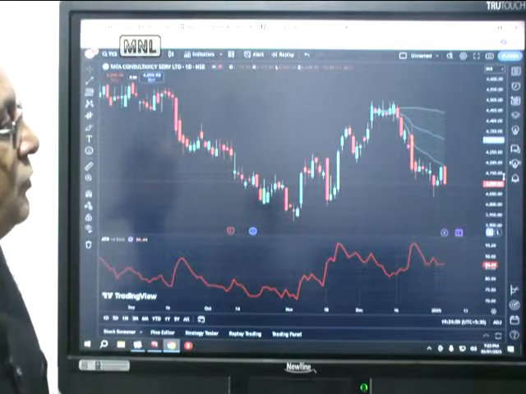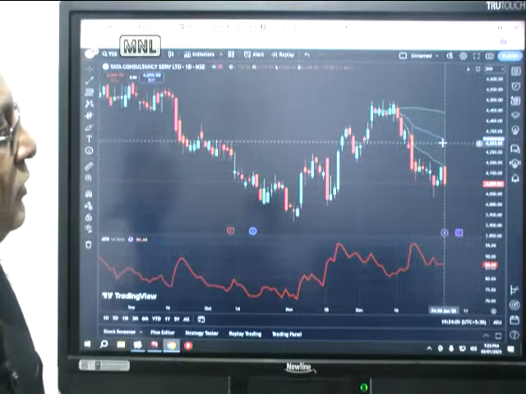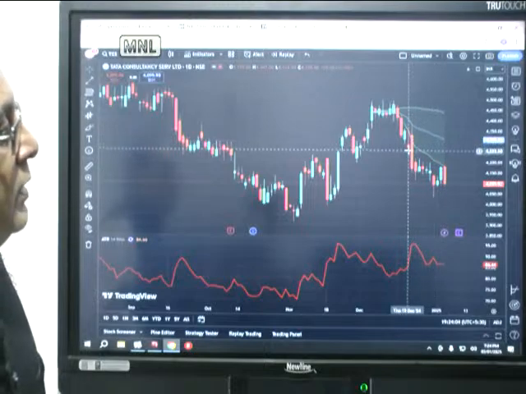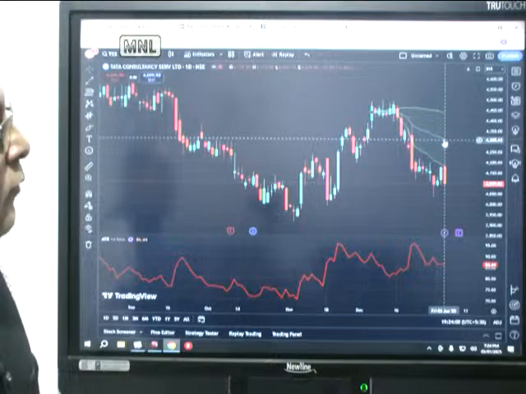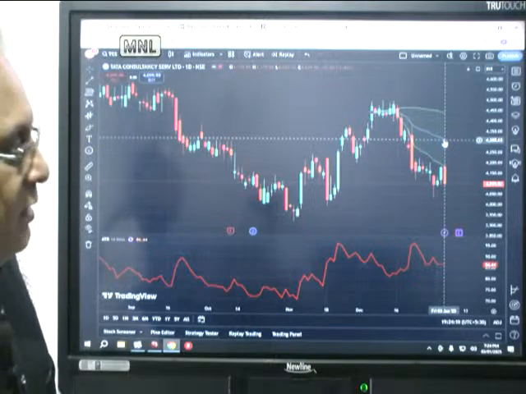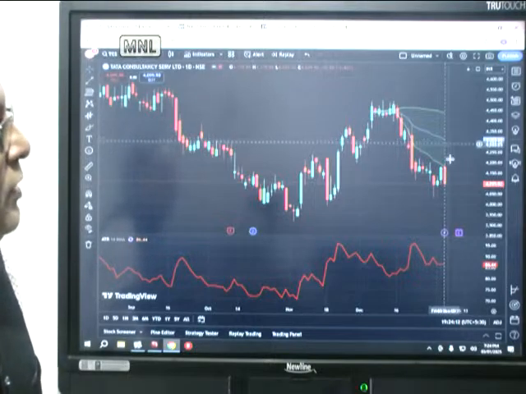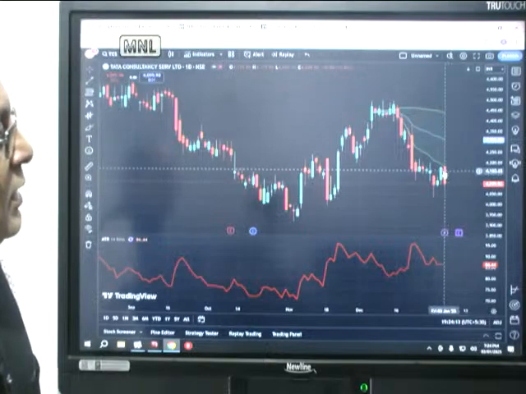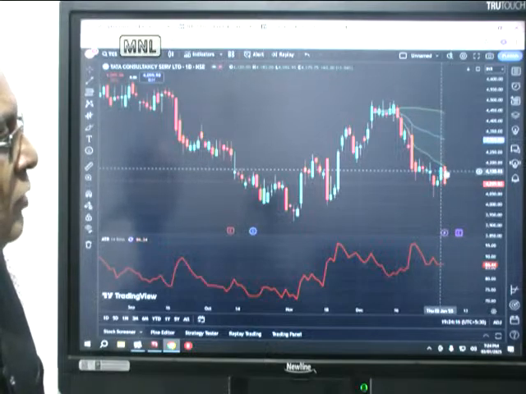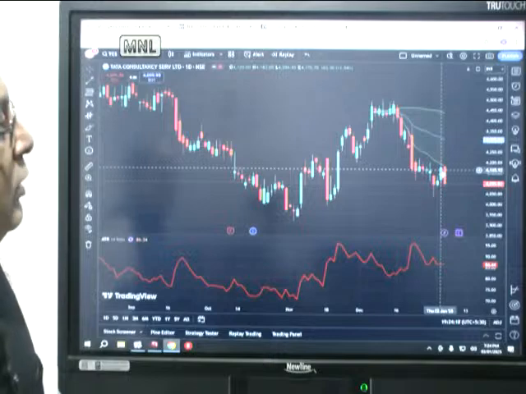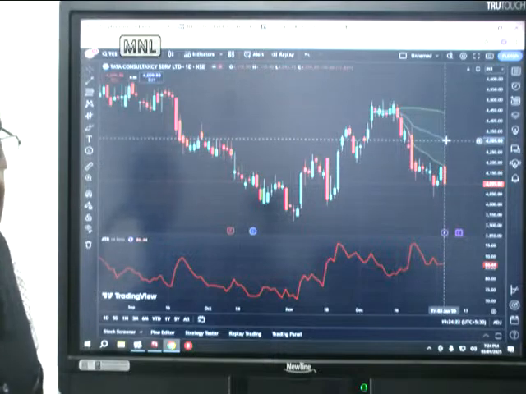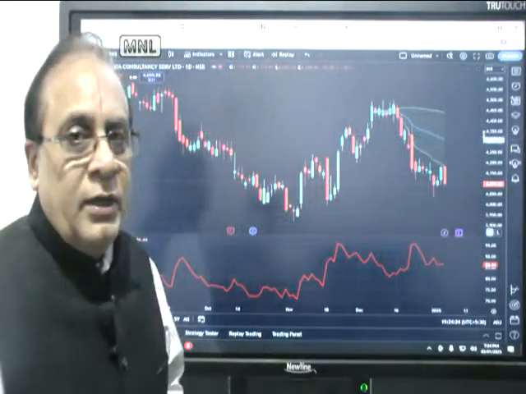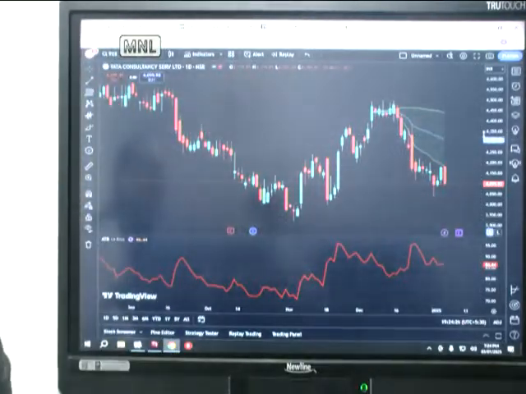Any up move now, the first up move will take it closer to 43.09. Here also, if you see, it just took resistance closer to this. From here, if it starts to move, 43.08, 43.09 will be a first important resistance. But here itself, there was a resistance. So you can go long above 41.83, and the first target could be 43.05. That's one important target, and then you can decide how to go about it.